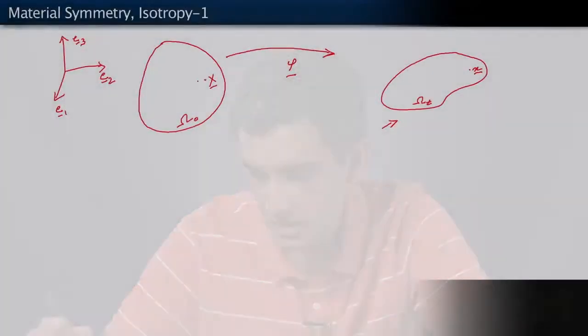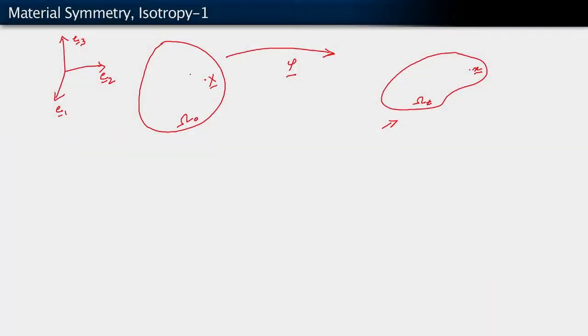We're going to ask ourselves the following question, right? We're going to look at this point here, and let's suppose that the point X represents a neighborhood. Okay? We're going to say that supposing we could represent some microstructure in that neighborhood.